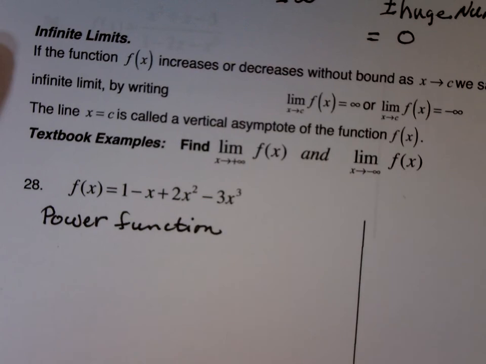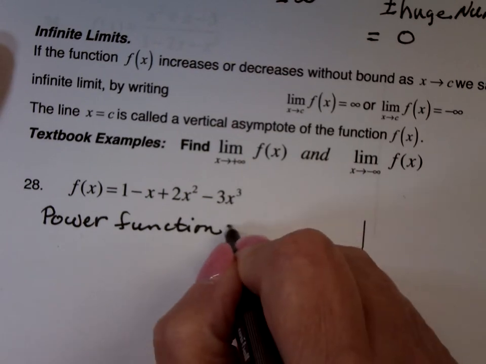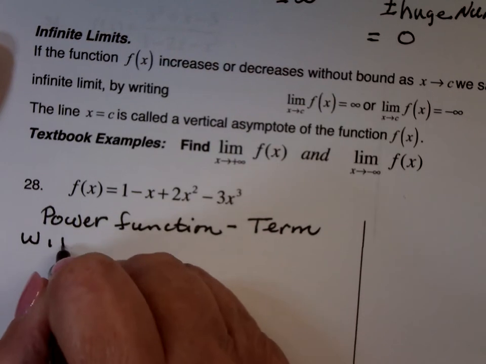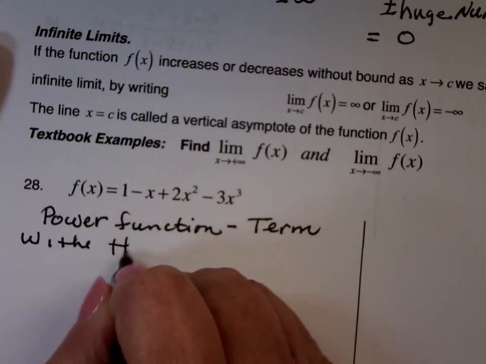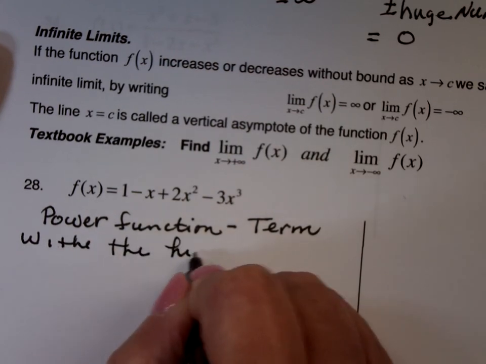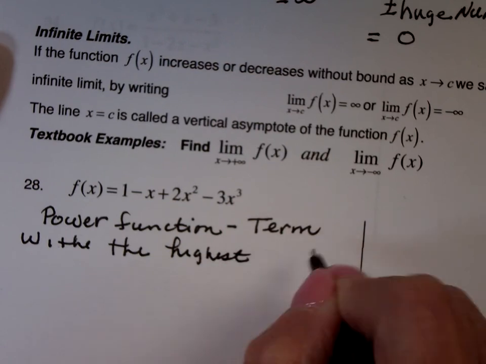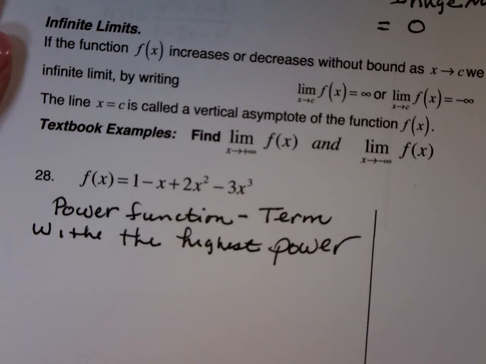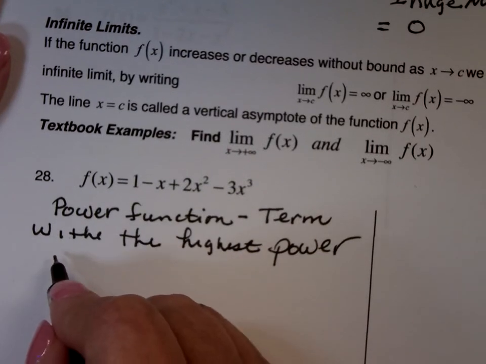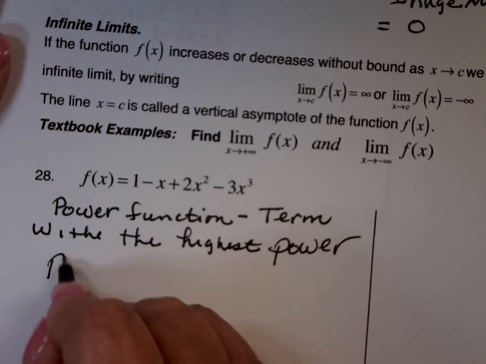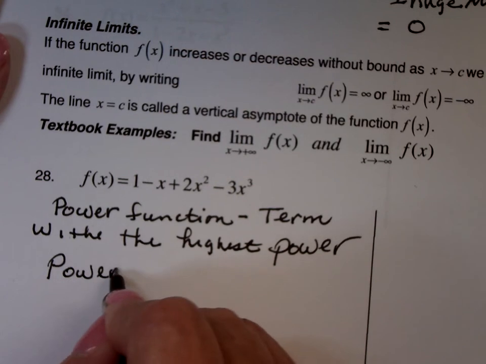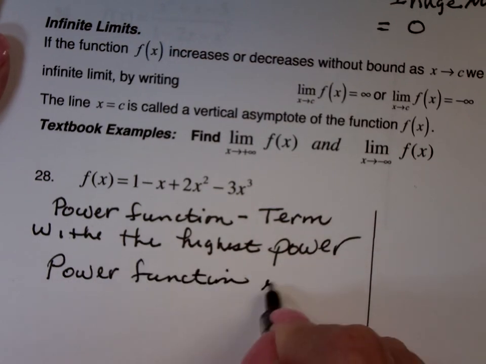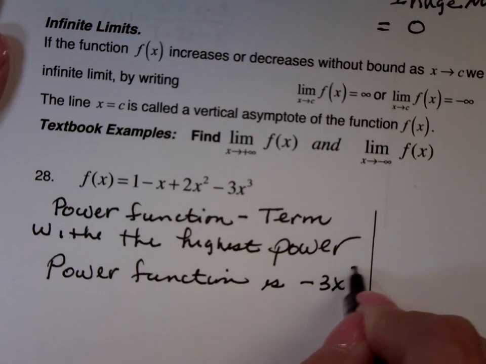This makes your life very easy, by the way. This is the term with the highest power. So the controller, in this case the power function, is negative 3x cubed.